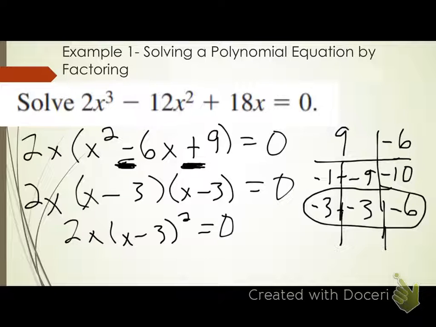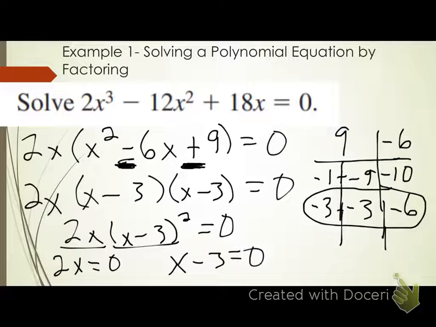So at this point, could I use my zero product property? Yeah. One of my factors is 2x, so I'm setting that equal to 0. My other factor is x minus 3, so I set that equal to 0. Do I need to set x minus 3 equal to 0 twice? No, it's kind of redundant. You get the same answer, right?